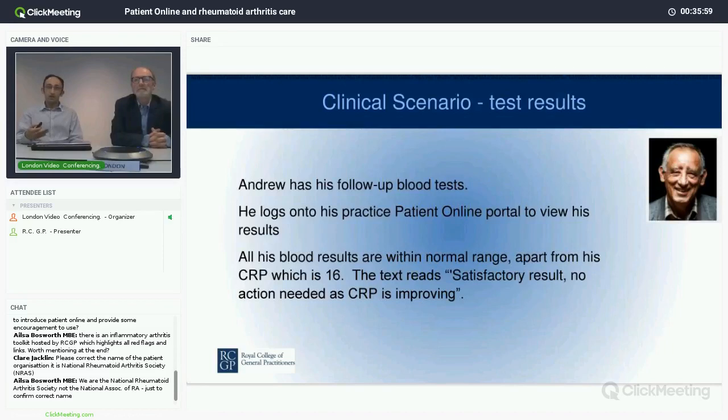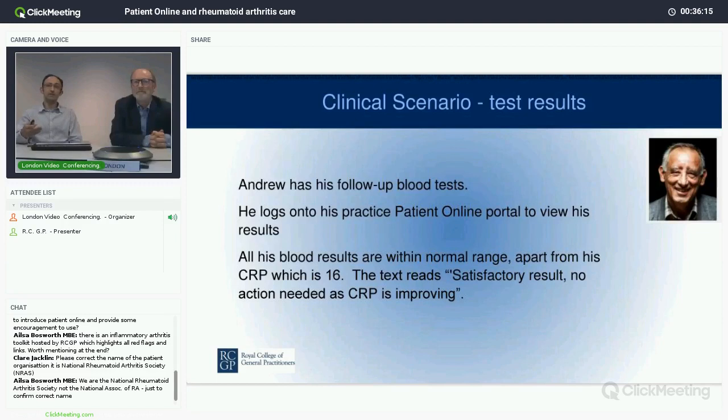So if we follow this scenario a little bit further, he has some follow-up blood tests. He logs onto his practice patient online portal to view his results. He sees that all his blood tests are within normal limits apart from his CRP, which is 16.